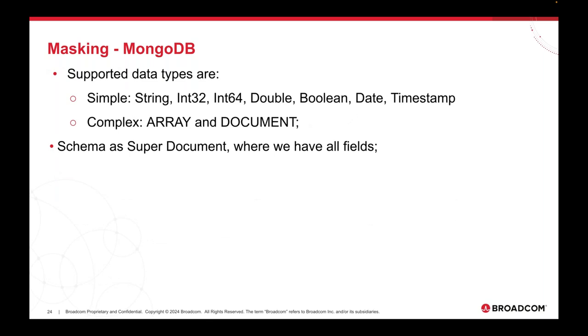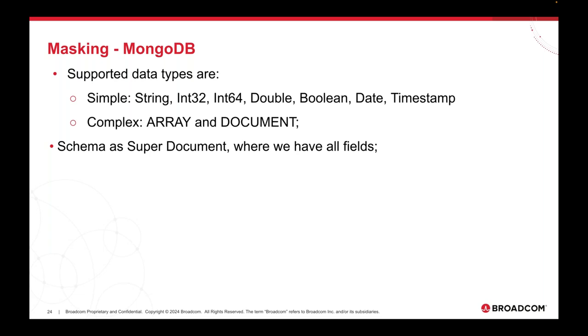Coming to MongoDB, it is also a different database. We have simple types, which are string, integer, double, Boolean, date, and timestamp. The complex types are array, as in BigQuery, and document. Document is equal to the BigQuery record. For masking, we use a super document.